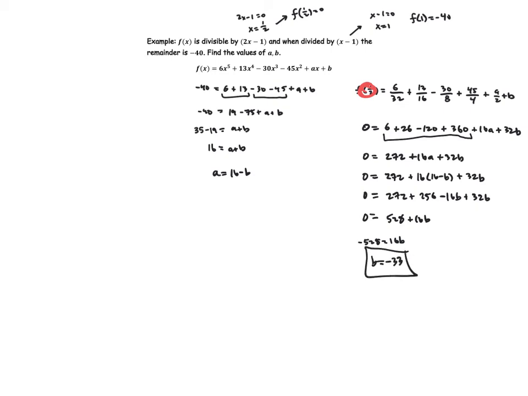So b equals negative 33, and a equals 16 minus b. So it looks like I'm going to get a value of a equals 49. All right, there you have it. That is a way to use the factor theorem as well as the remainder theorem in order to determine coefficients for a polynomial. All right, let's get into the last couple of examples.